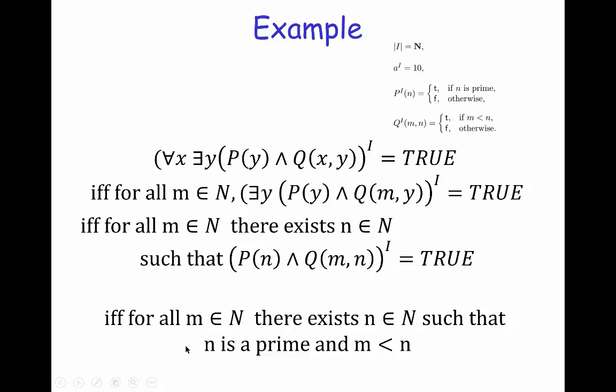And this is of course true. So since this part is true, we can now say the original evaluation is true. Until we reach here, we don't know whether this is true or false. So this was just if and only if conditions. But now since this is known to be true, we can say this is true.